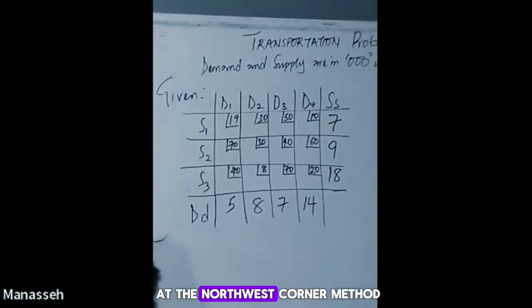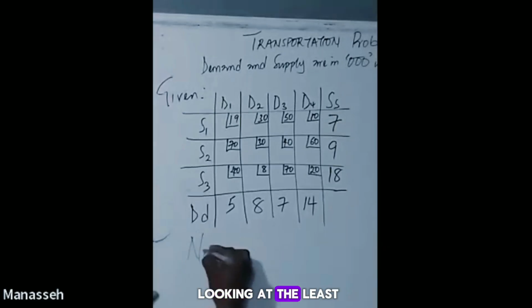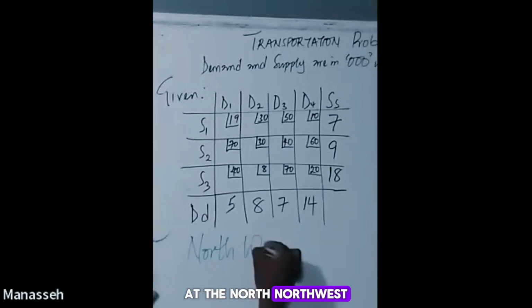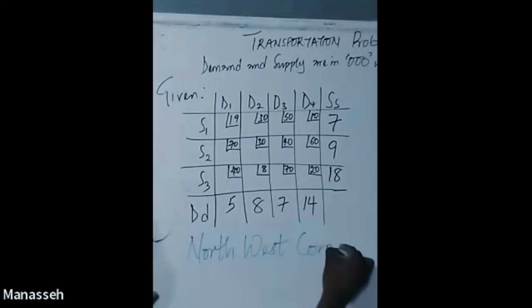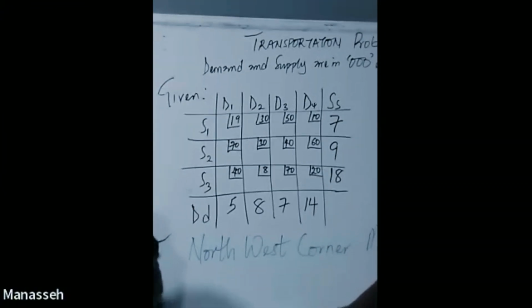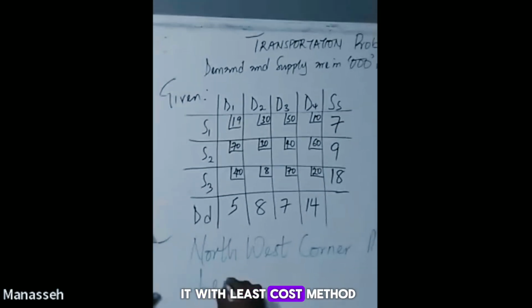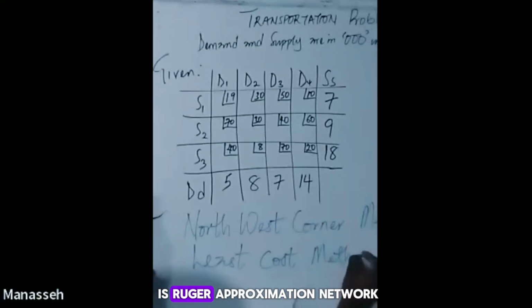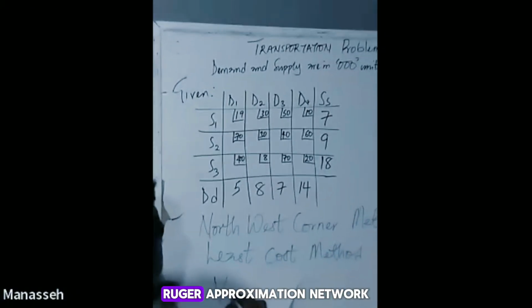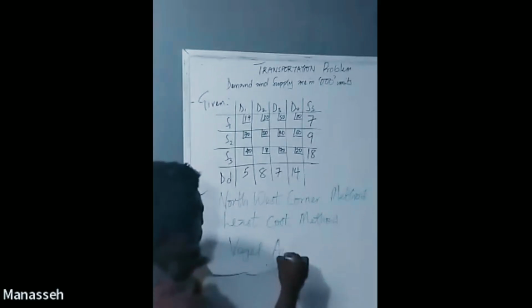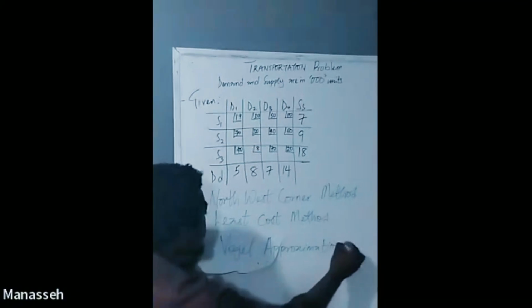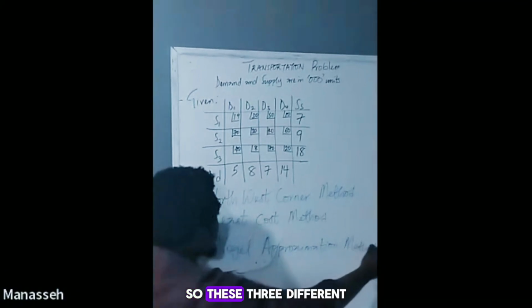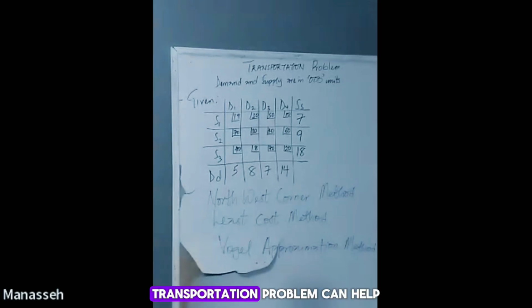We'll be looking at the northwest corner method, the least cost method, and the last one is Rogers approximation method. So these three different methods of solving transportation problem help us to get the initial transportation cost.